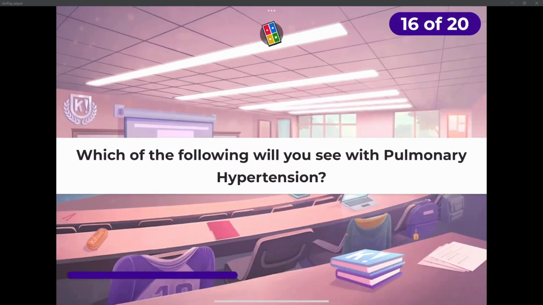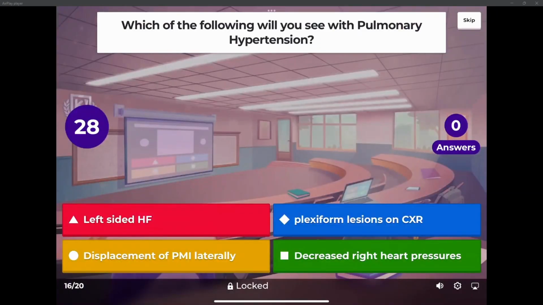Question 16, which of the following will you see with pulmonary hypertension? So pulmonary hypertension, is that going to affect the left or the right side of the heart? Right side of the heart, because the right side is pumping into the lungs. And if you already have pulmonary hypertension, we're increasing the afterload on that right ventricle.